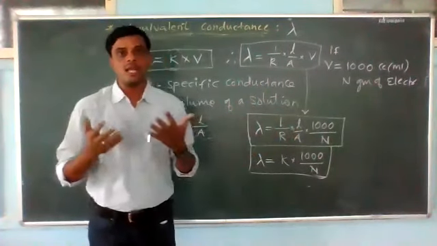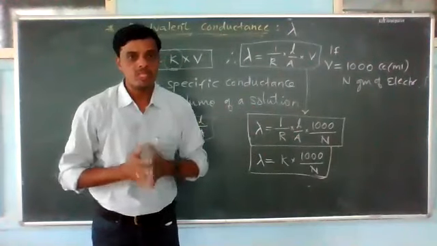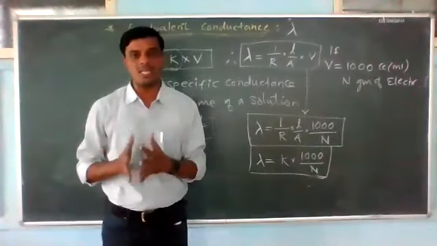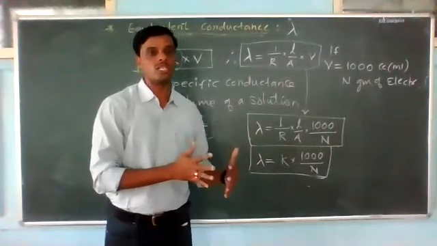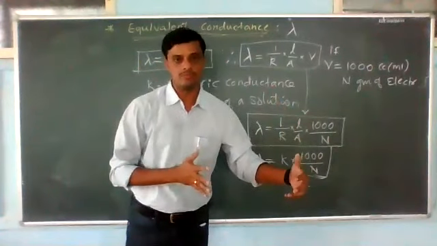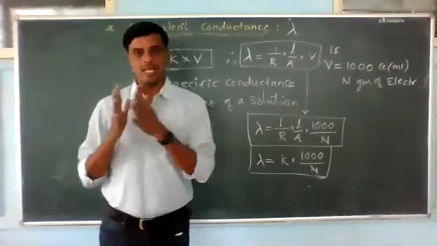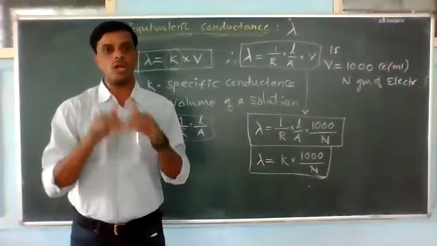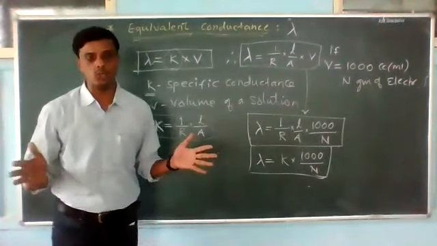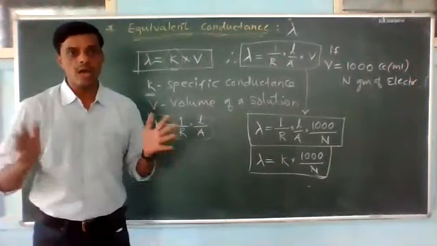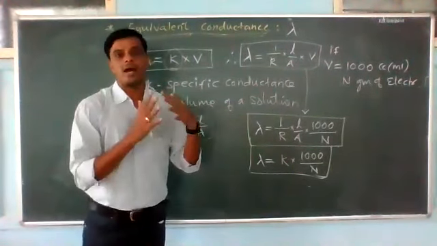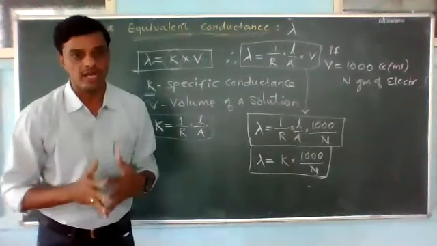Electrolytes are the substances which get dissociated upon dissolution. When that electrolyte is dissolved in a proper solvent, it will get dissociated into ions. All such substances are said to be electrolytes.